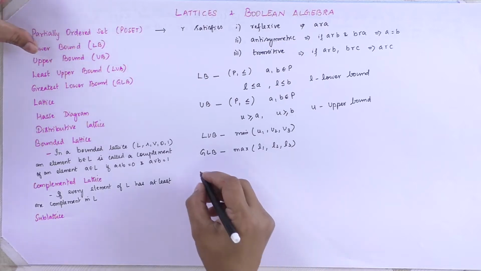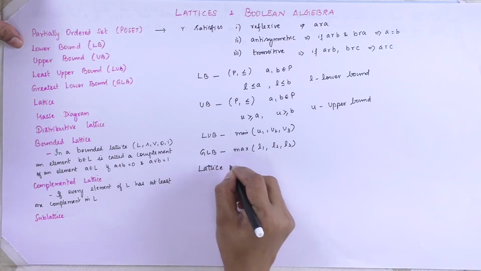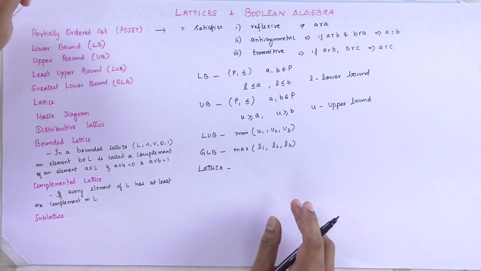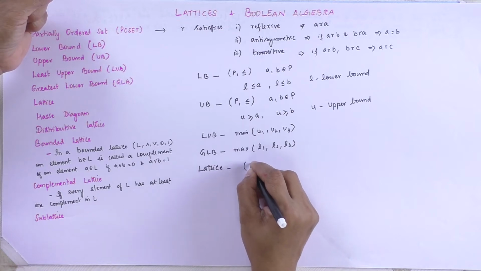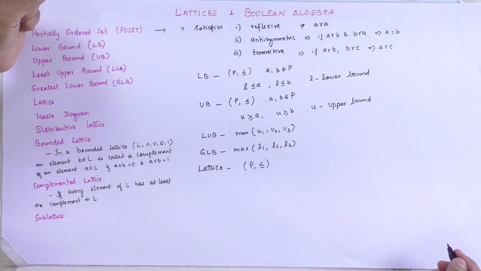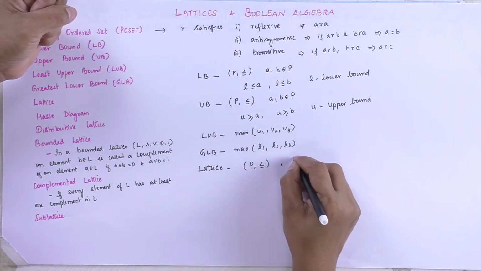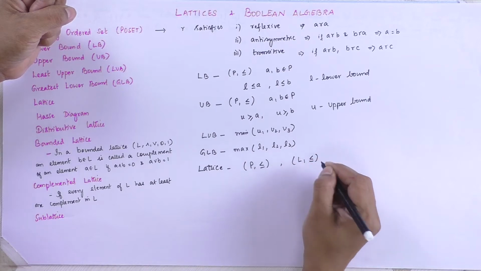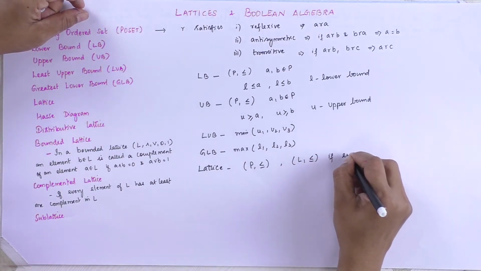So now after knowing what is a lower bound, upper bound, least upper bound and greatest lower bound, let me define what a lattice is. So a lattice, first of all, has to be a partially ordered set, right? Let me take the set P, less than or equal to. This set is said to be a lattice L, less than or equal to, if every pair of elements, right? That is very, very important.